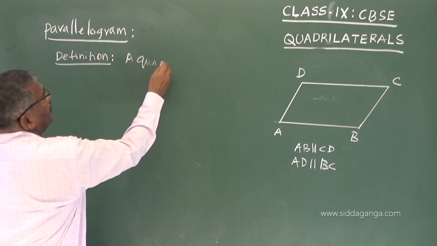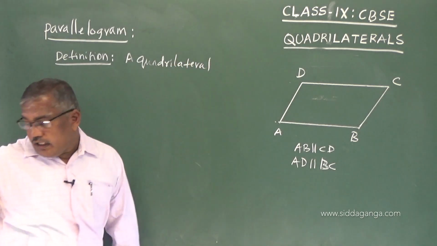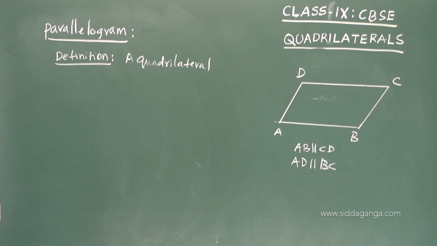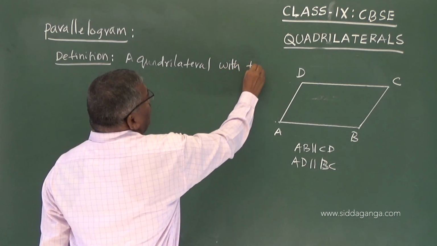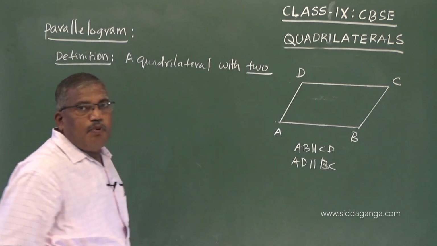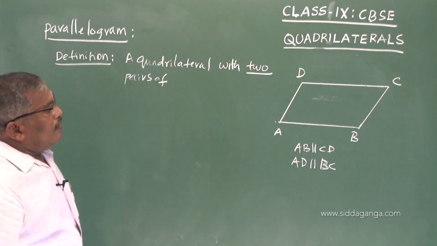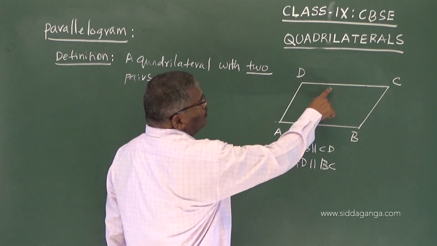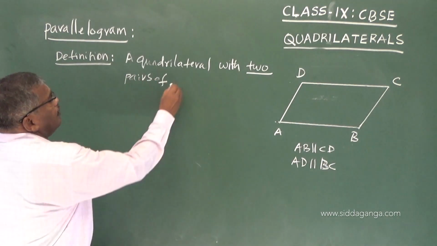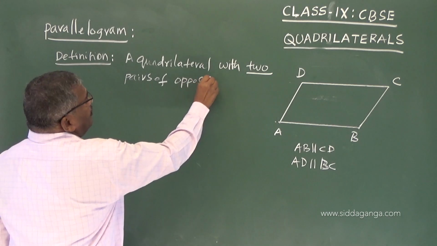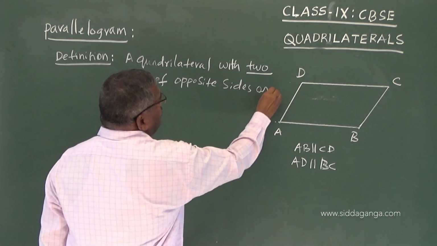A quadrilateral with 2 pairs of, this is very important, 2 pairs of opposite sides, that means AB is opposite to DC and AD is called the opposite side of BC, 2 pairs of opposite sides are parallel.